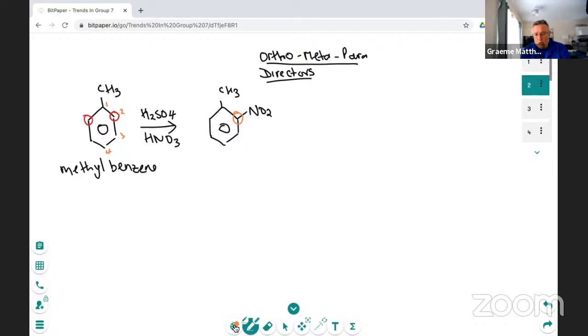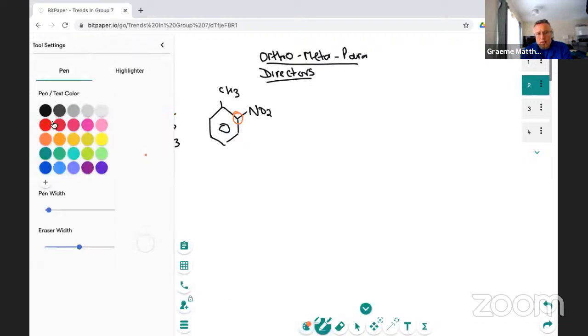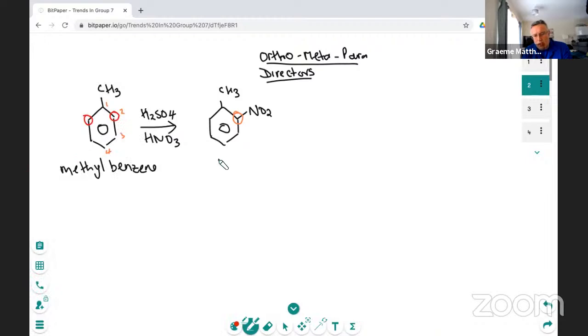So this then would be known as 1,2 disubstituted, because you've got a substituent group on carbon number 1 and you've got a substituent group on carbon number 2, right? So this is the major product, right? The major product like this.